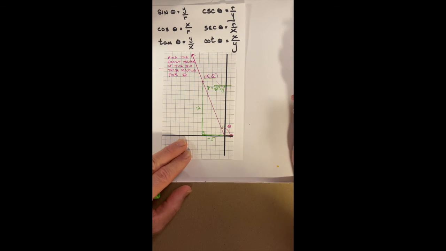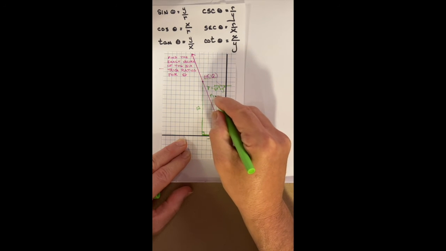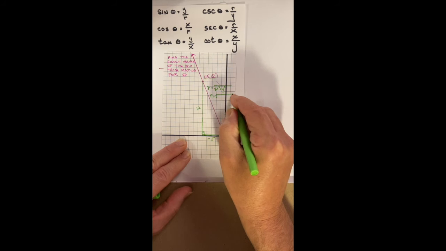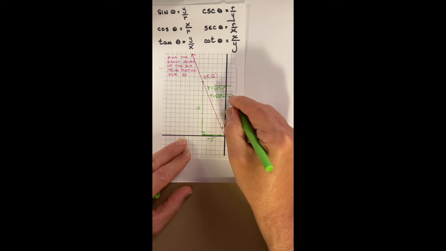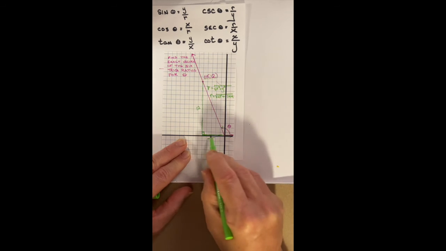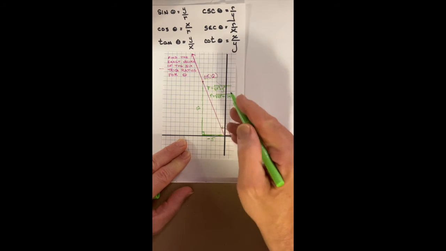Easy enough. So if I want to know what r is, in this case, it's going to be the square root of 25 plus 144. Here, -5 squared is 25, and 12 squared is 144.